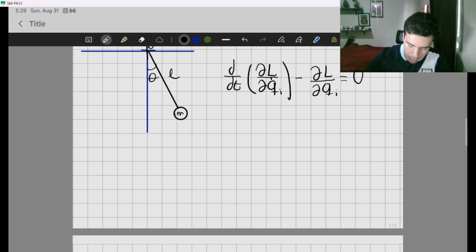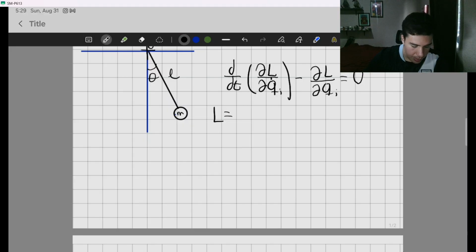The other thing that is important to remark: the Lagrangian, which we denote with an L, is basically the kinetic energy of the system minus the potential energy of the system.